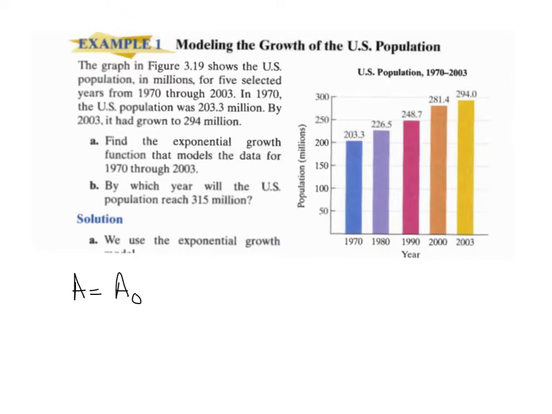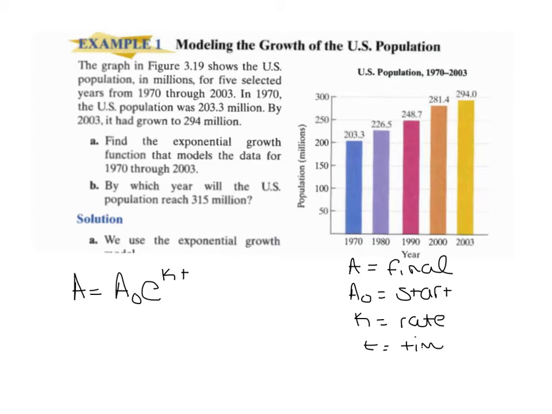A again is going to be your final amount, quantity, or population size at whatever time we're looking at. K is going to represent the growth rate, however we're depreciating. So let's call it rate. And t is going to represent time. Sometimes it specifies years, months, whatever it is that the problem is looking at.